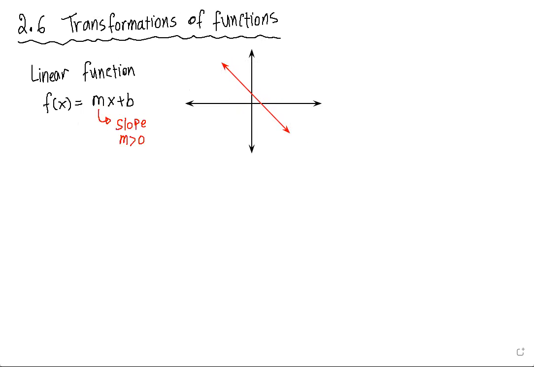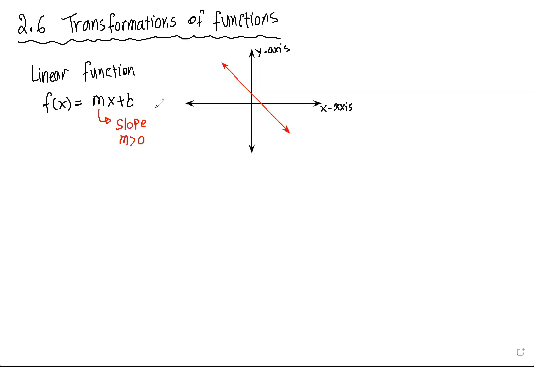This is my x-axis and this is the y-axis. Another case of this line: b here, as we learned before, is the y-intercept.